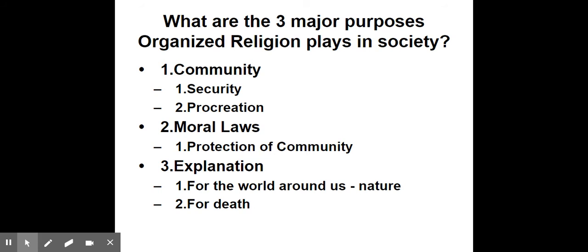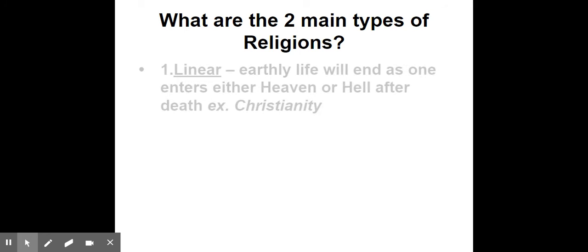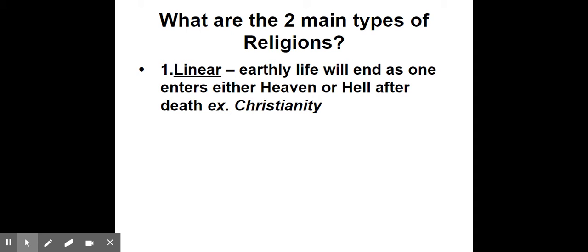Okay. Now, there are two types of organized religion. All right, I want you to get these definitions down. One is linear. Linear says earthly life will end, and you will either enter heaven or hell after death. Okay, so there is a beginning point and there is an end point. Linear, it's a line.